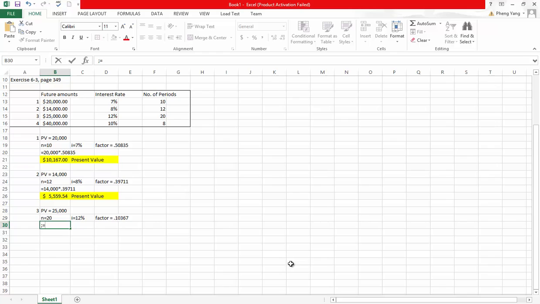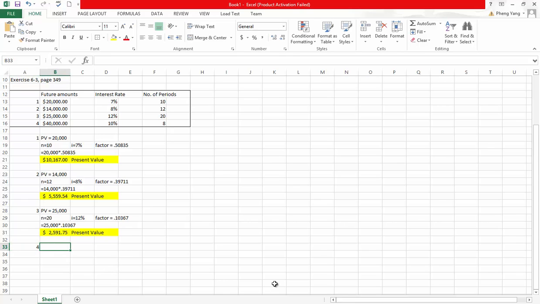My formula is going to look like this, 25,000 times 0.10367. So if I do the calculation, the present value of $25,000 today is $2,591.75, or $2,592, rounding that amount to the nearest dollar. Okay. Hopefully this is looking okay for everybody.